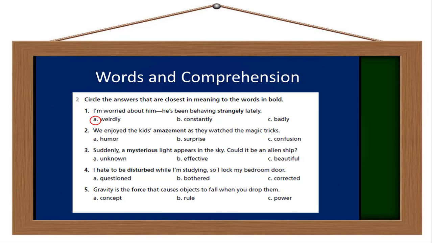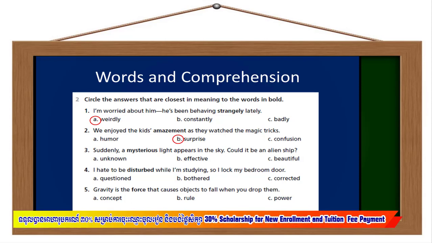The right answer is surprise. Number 3, suddenly, a mysterious light appears in the sky. Could it be an alien ship? The choices are unknown, effect, and beautiful.